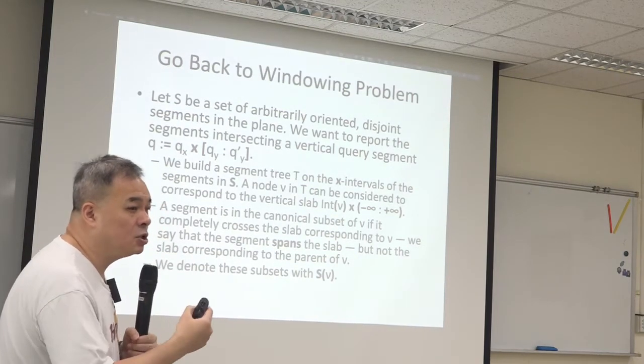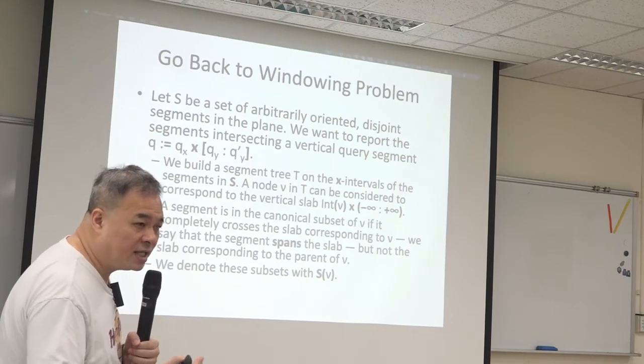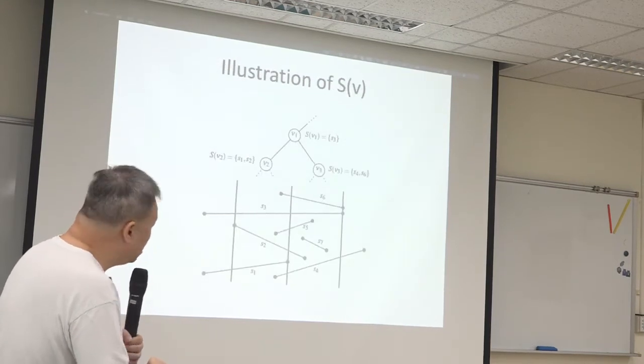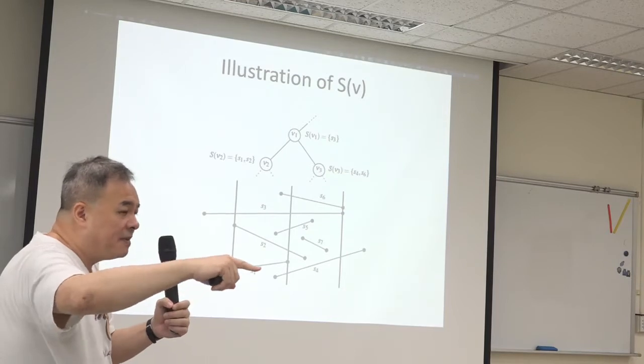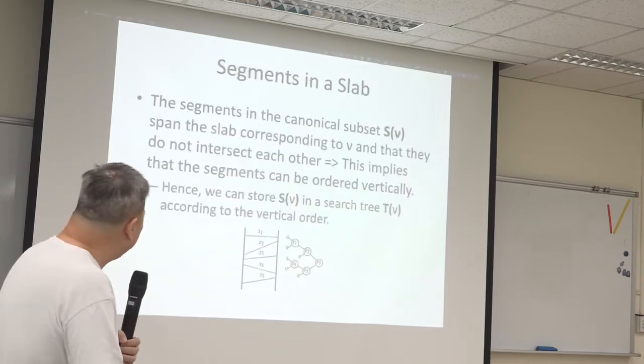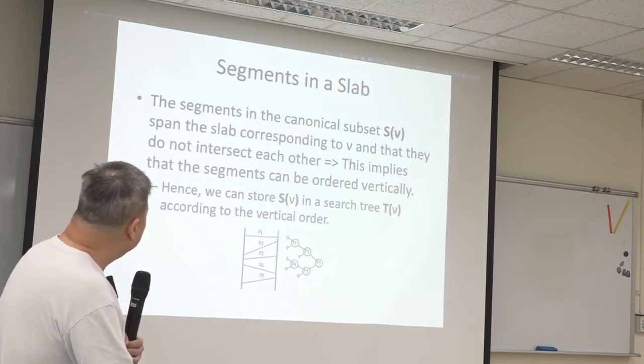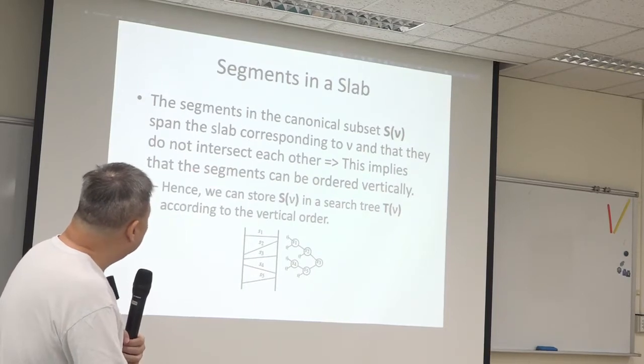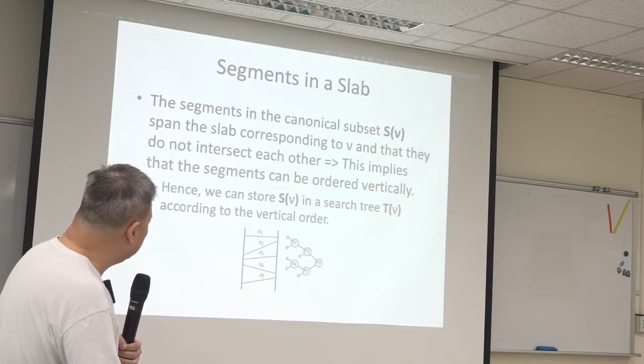These segments are disjoint, so they do not intersect. Because they go across the whole slab and do not intersect, this implies that the segments can be ordered vertically. It's something like this.